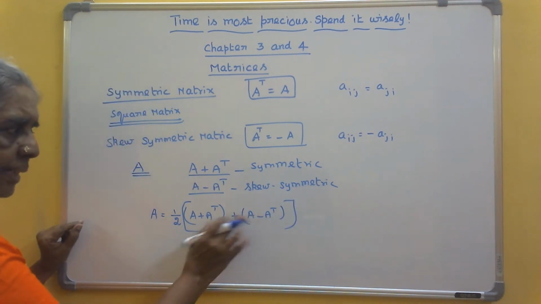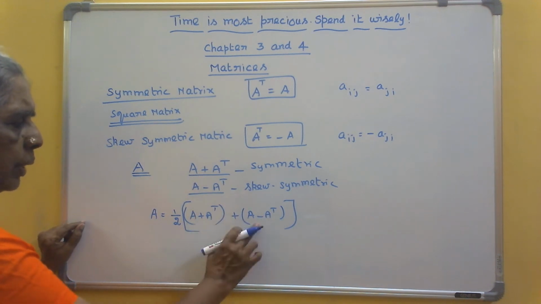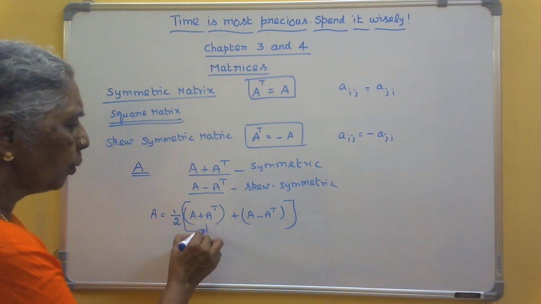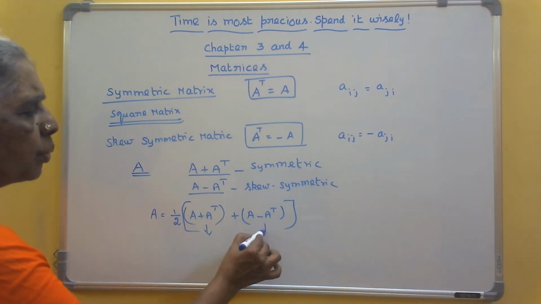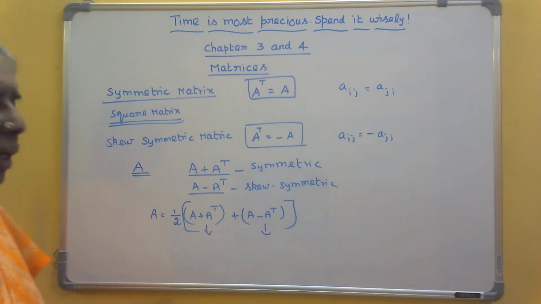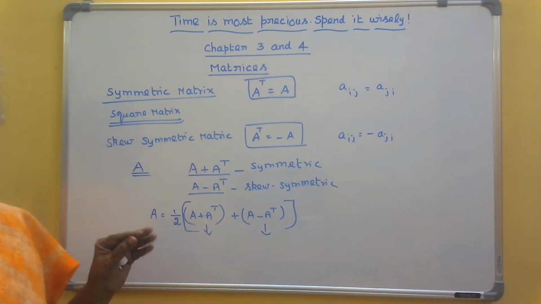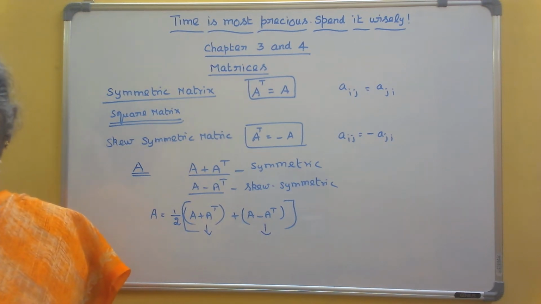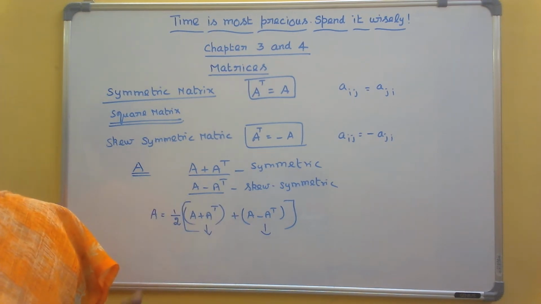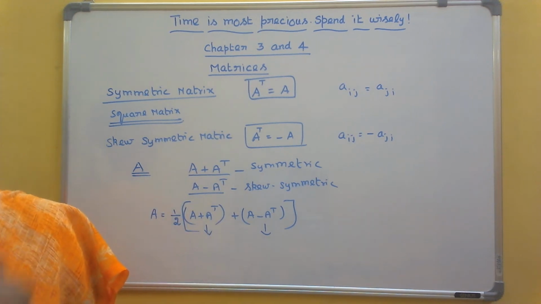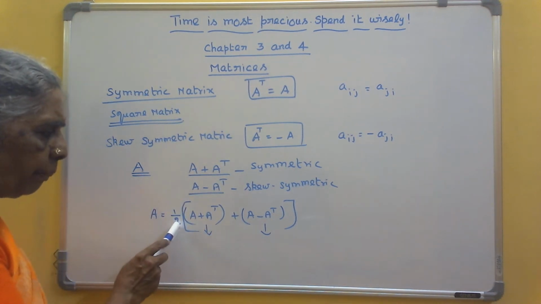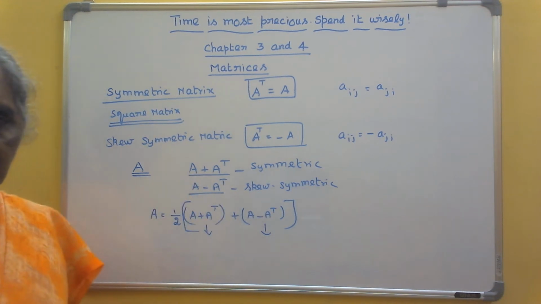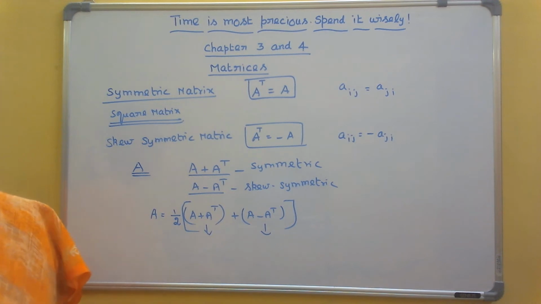You can check here itself, 2A by 2, so you will get A. This you know will be a symmetric matrix, this you know will be a skew symmetric matrix. So, any square matrix A can be expressed as a sum of symmetric and skew symmetric matrices, and that is given by half into (A plus A^T) plus half into (A minus A^T). Is this clear to you?